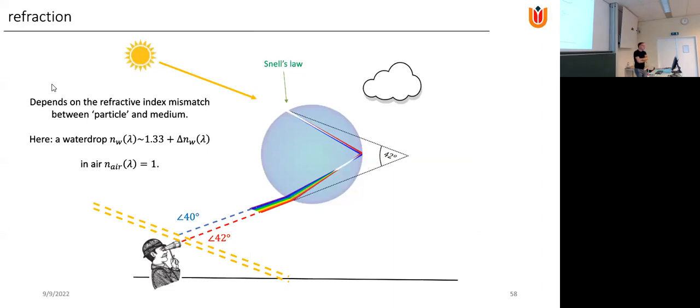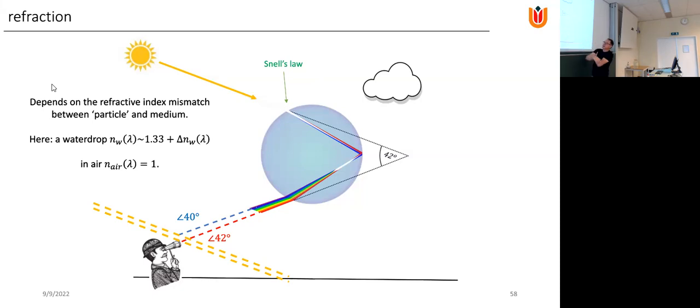There's also a contribution from refraction. Light can enter this particle, let's say it's a glass particle. Following Snell's laws, it will refract into the particle, reflect back from a back surface, and then exit in some other direction as well.